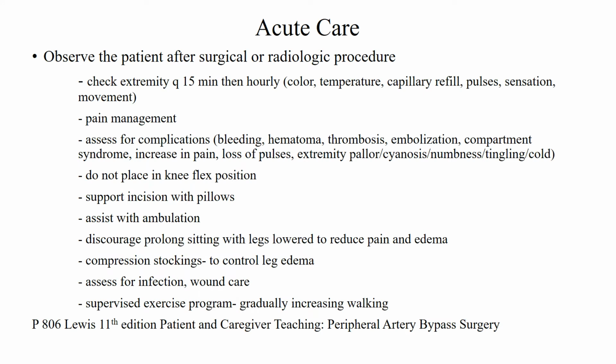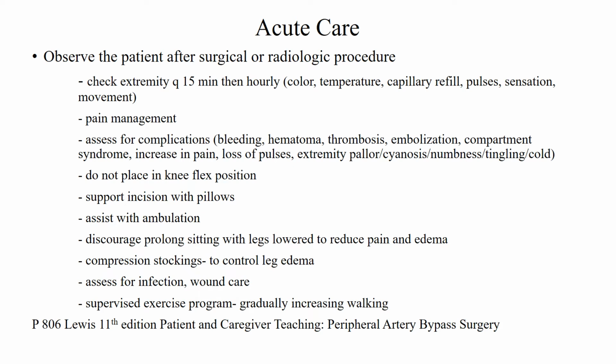So for acute care, this is care for a patient who had peripheral artery disease, and the patient had surgical and radiologic procedures. First, let's check the extremity every 15 minutes, then hourly. And what do we check?